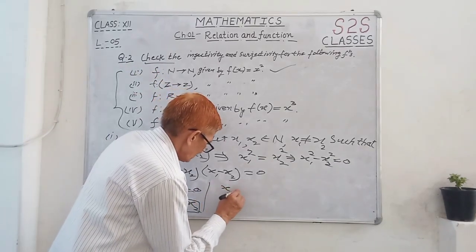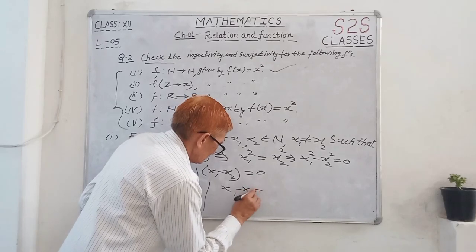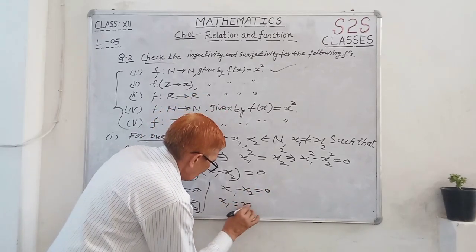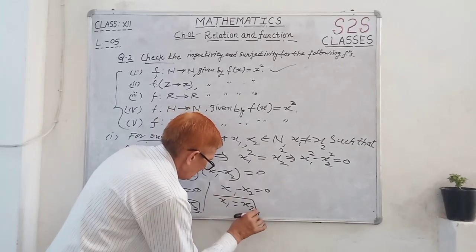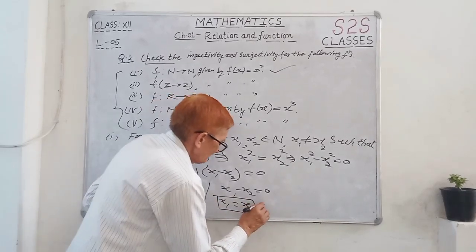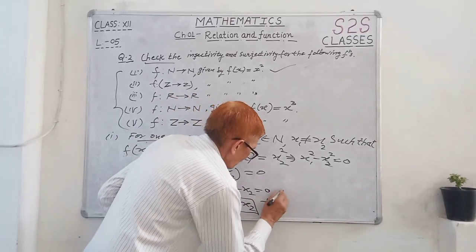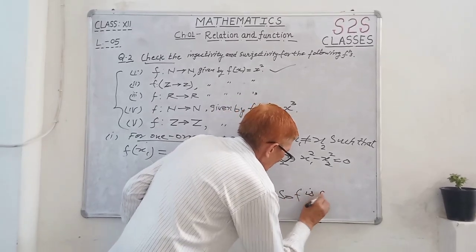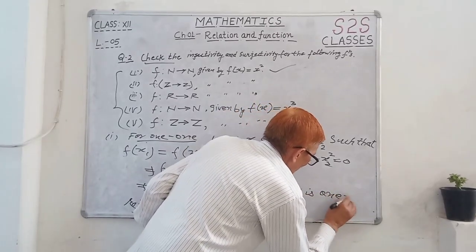Now x1 minus x2 is equal to 0, then x1 is equal to x2. Hence, the function is 1-1.